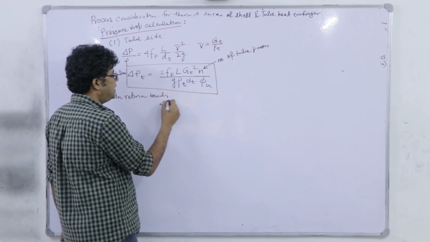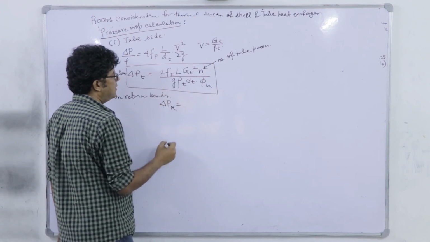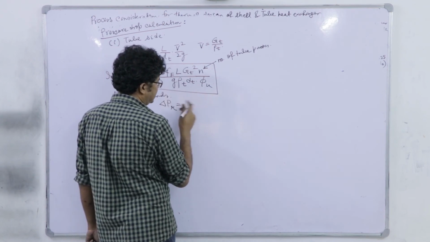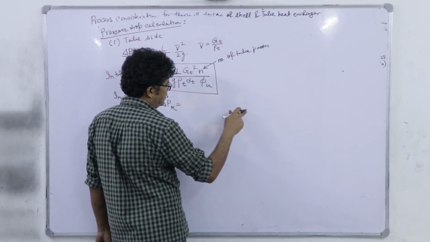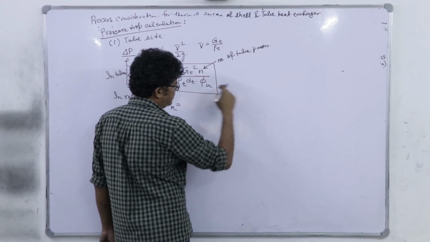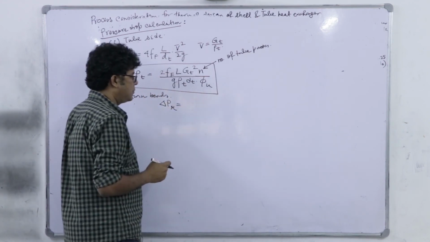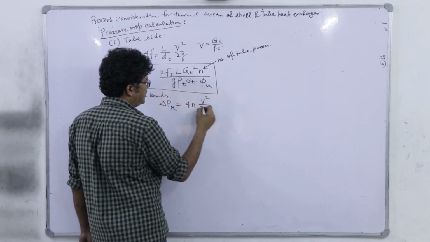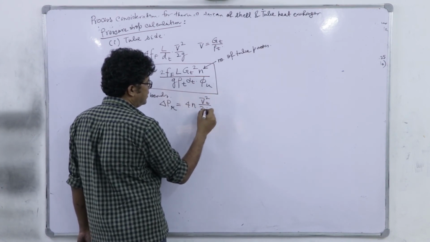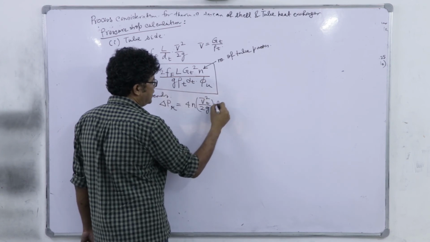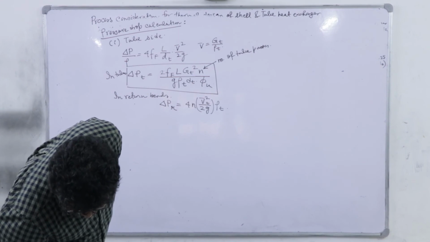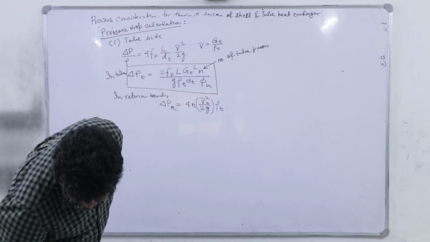So, delta P_R in returns, it has been proposed that if there are n numbers of tube passes, it will be 4n into V bar_T square divided by 2g into rho_T, right.